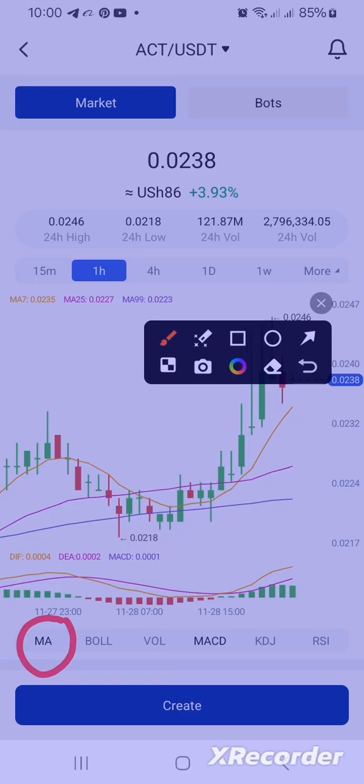This one is MA, it's called moving average. The next one is BOLL, Bollinger Band, volume, MACD, KDJ, and RSI. Those are indicators that show you how the market is moving. You can, however, use them to enter into the market.